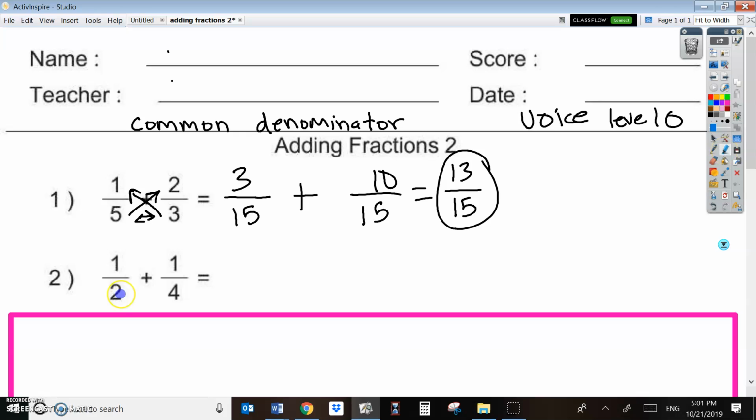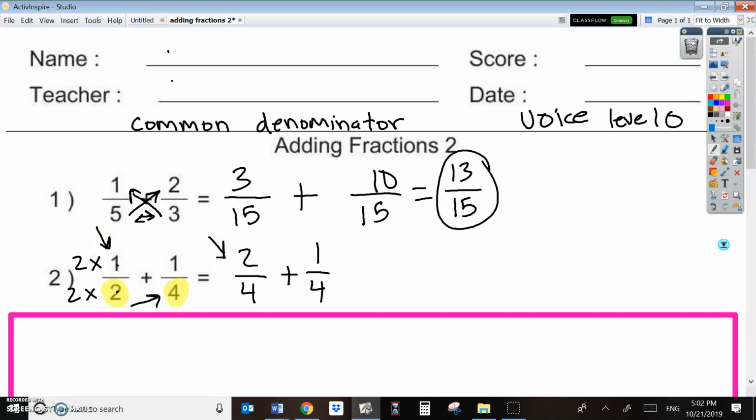If you look at these two denominators right here, you can see that 2 and 4 are going to be simple to work with because 4 is a multiple of 2, so there's no need to change both denominators. 1/4, leave that there, and then multiply this by 2 and this by 2. 1 times 2 is 2, 2 times 2 is 4, so 2/4 is the same as 1/2.